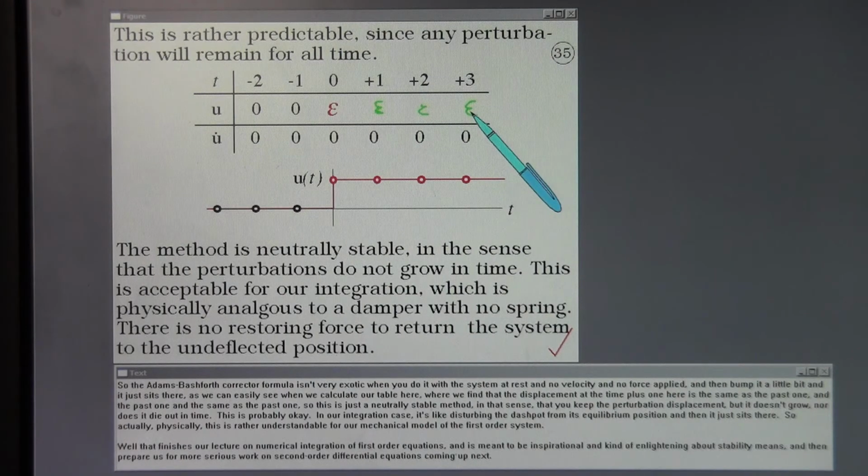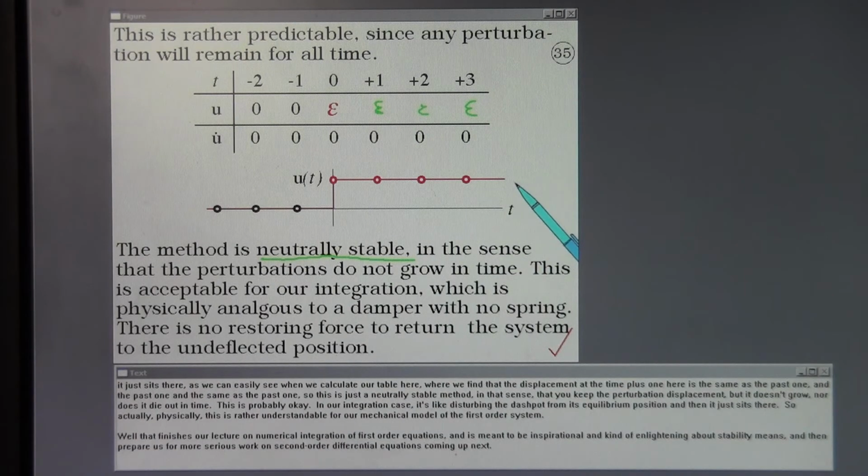So this is just a neutrally stable method in that sense, that you keep the perturbation displacement, but it doesn't grow, nor does it die out in time. And this is probably okay. In our integration case, it's like disturbing the dashpot from its equilibrium position, and then it just sits there. So physically, this is rather understandable for our mechanical model of a first-order system.